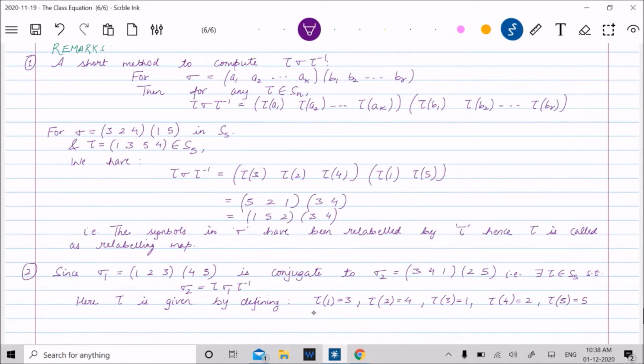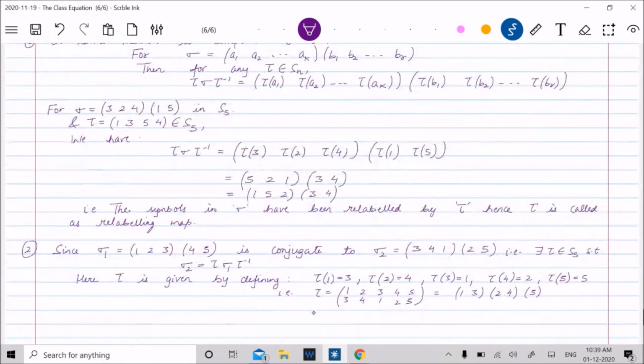Now you can write tau in cycle form or whatever form you like. 1 maps to 3, 2 maps to 4, 3 maps to 1, and 4 maps to 2. Now 5 maps to 5. In cycle form, you can write it as (1 3)(2 4), and 5 is mapped to itself.